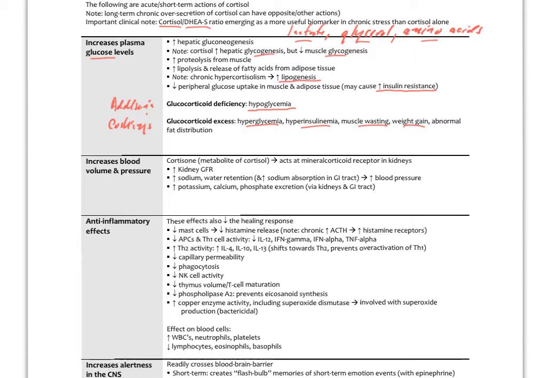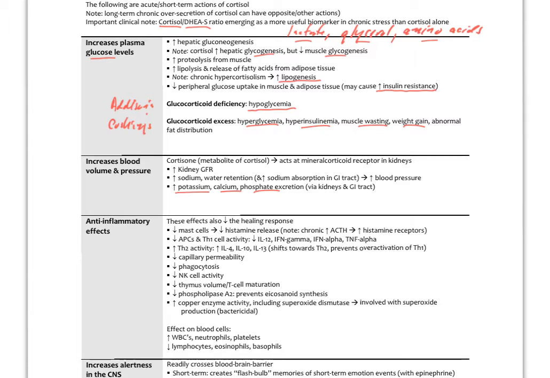It's also going to increase the excretion of potassium, calcium, and phosphate via the kidneys and the GI tract. So you're going to lose all these electrolytes, but you're going to retain sodium. So high sodium, low potassium would be indicative of a high cortisol state, or low cortisol, we're going to see often low sodium, maybe high potassium.